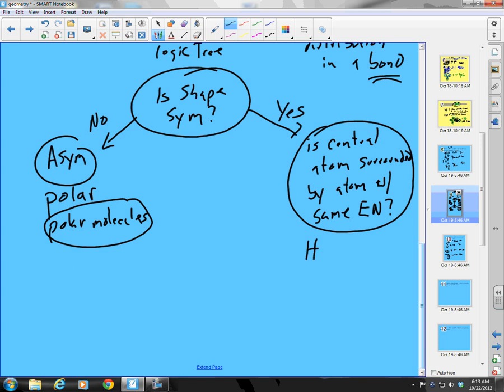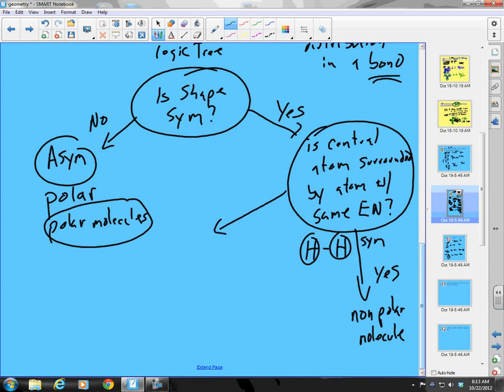So if we have something like HH, this is linear, so it is symmetric. I have the same atoms on both sides, so if the answer is yes, then that would be a non-polar molecule, meaning I have an even distribution of electrons in the molecule.